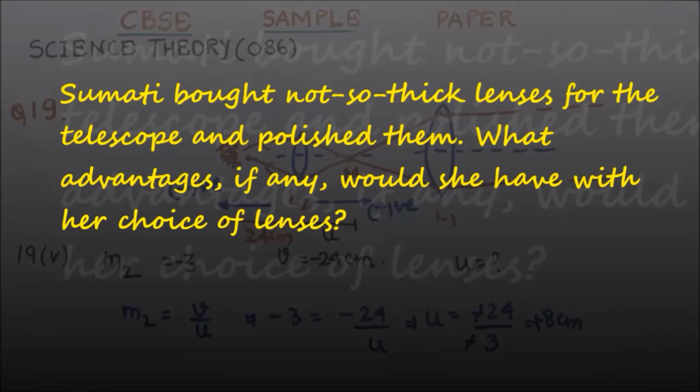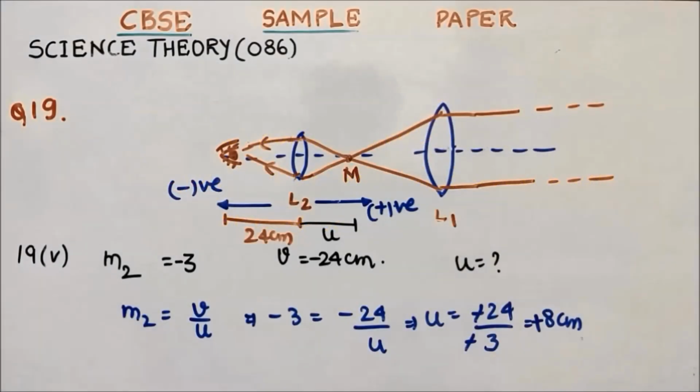Okay, she's very practical girl. So she didn't buy very thick lens. So what did she do? She bought not so thick lenses of the telescope and polished them. What are the advantages, if any, she would have with her choice of lens? So what would be the advantages or benefits for using not so thick lens?